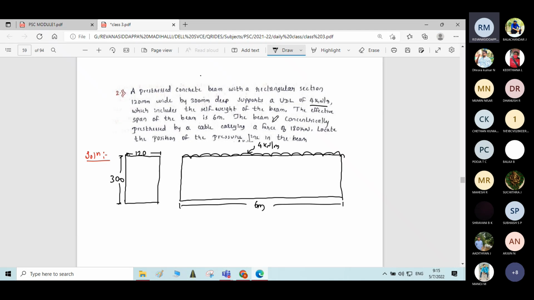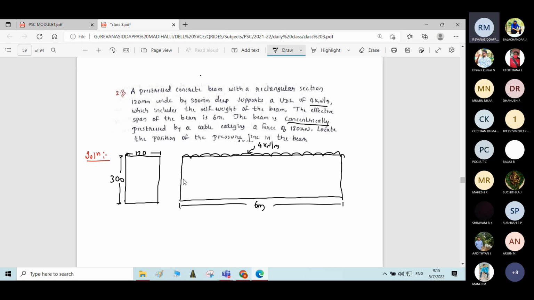And he says that the effective span is 6 meter. The beam is concentrically pre-stressed by a cable carrying 180 kilonewton. Concentrically pre-stressed means the line of action of pre-stressing force is passing through the centroid of the section. That is the meaning of the concentric pre-stressing force.